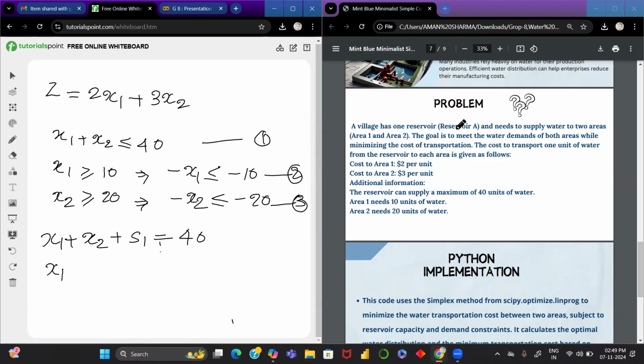And the non-negativity will be x1, x2 greater than or equal to 0. So with these equations, we'll draw the initial simplex table.